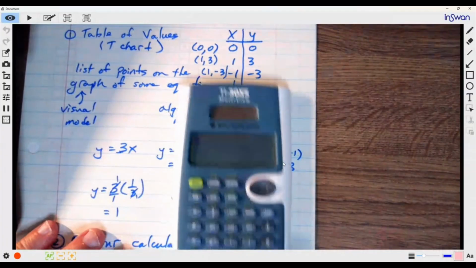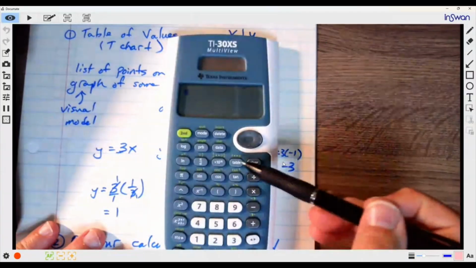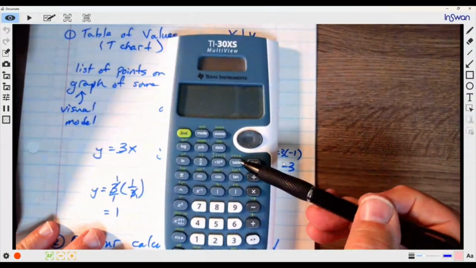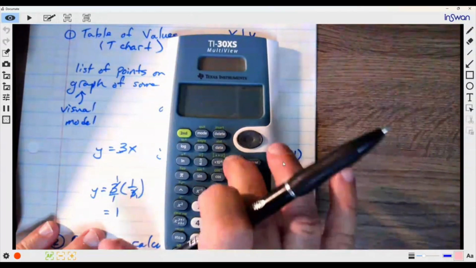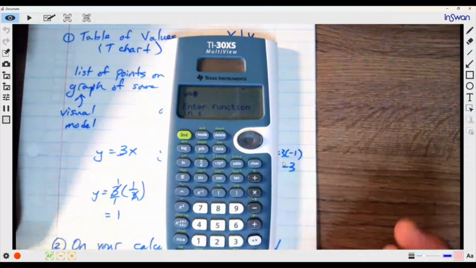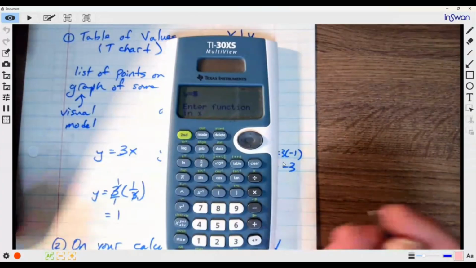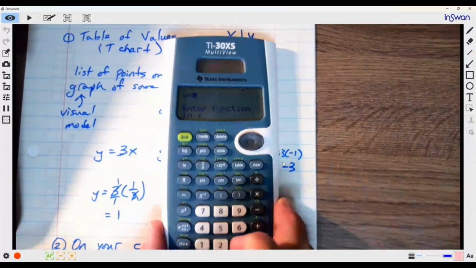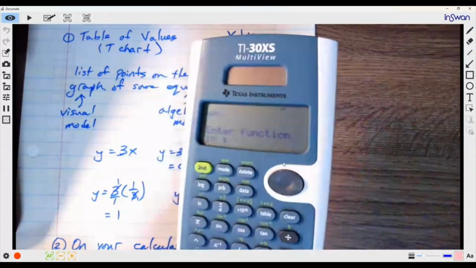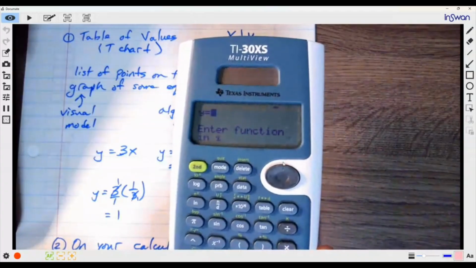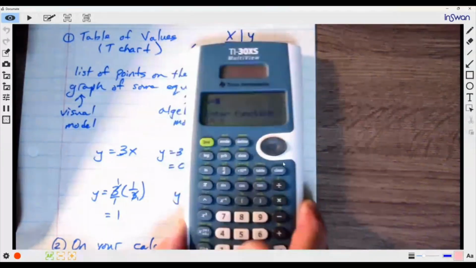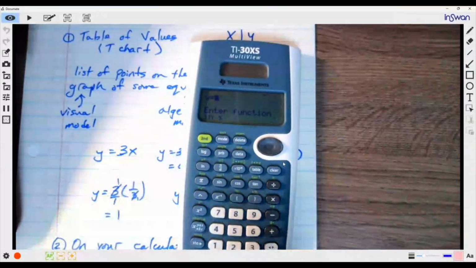There is a button that says table. I'm going to push that button. It's asking me to enter a function. That is, enter an equation. You can see that it's y equals, ready to go. Y equals what? Well, we have 3x.